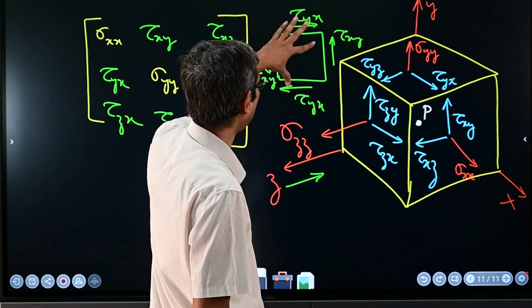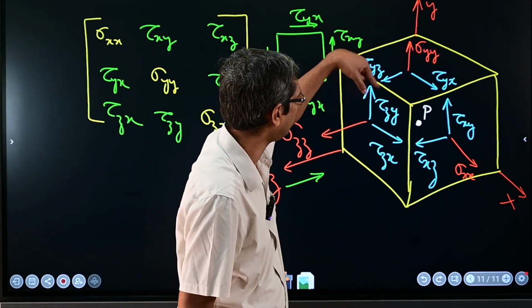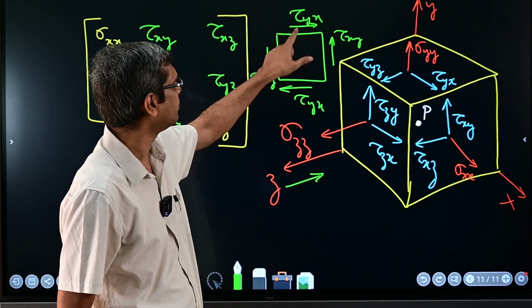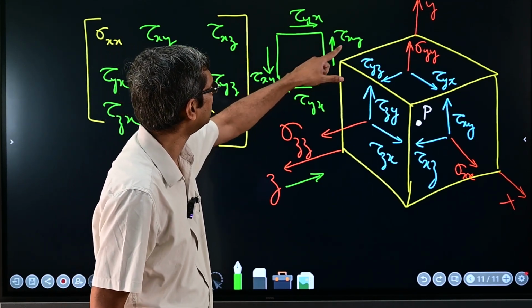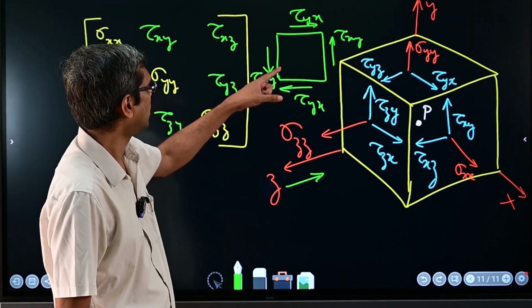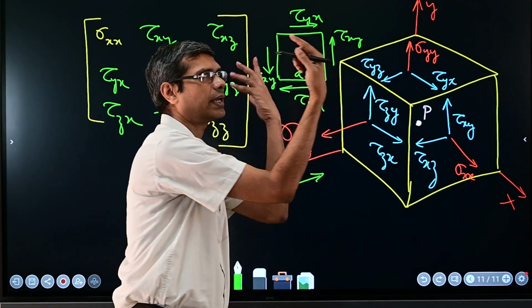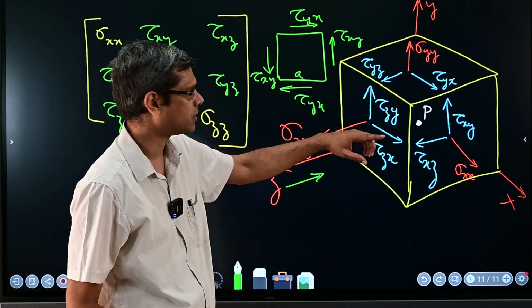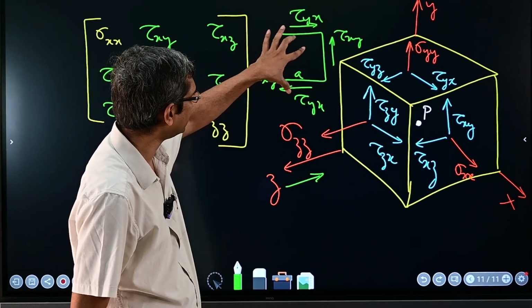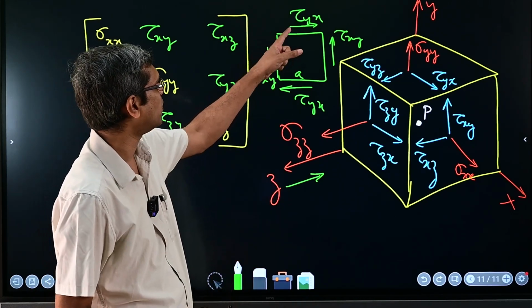Now suppose you take a square of side length A, with unit area on all sides. You can write the couple moment equation, and from there it will be clear that tau xy must be equal to tau yx. If this distance is A, then tau xy times A must be equal to tau yx times A, so A will cancel out, and tau yx equals tau xy.